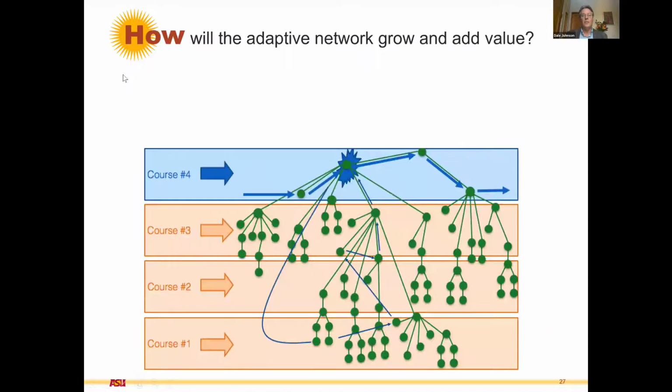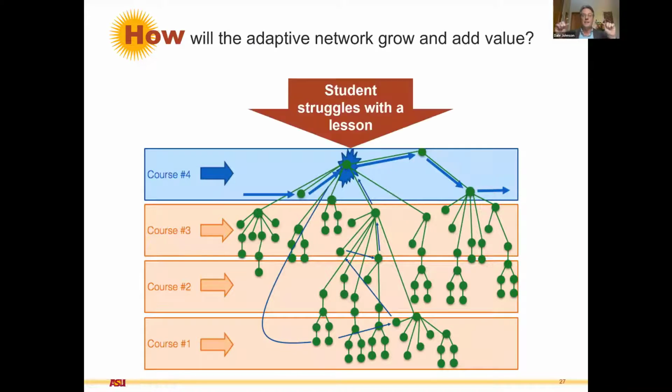We're also talking about a 3-dimensional environment. If you think about a syllabus as a 2-dimensional plan for a course, what we're talking about is stacking syllabi across multiple courses. That's what we did in the Biospine. So if a student struggles with a lesson, you can go back and remediate, because all of these lessons are networked into the system.